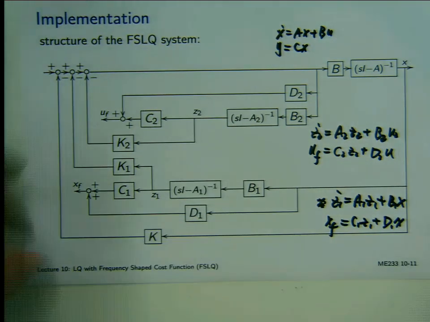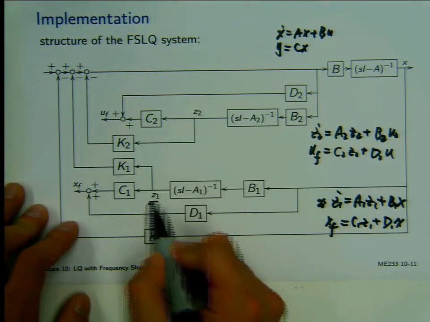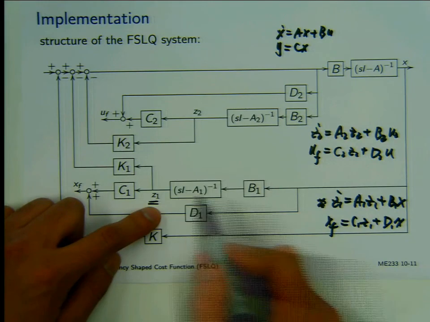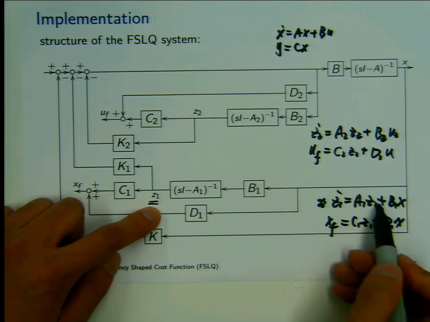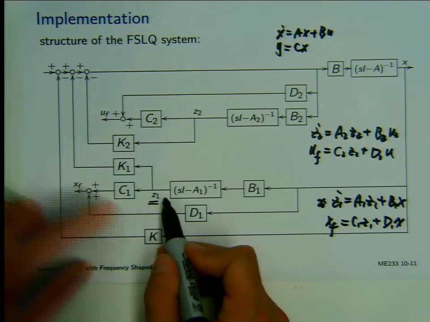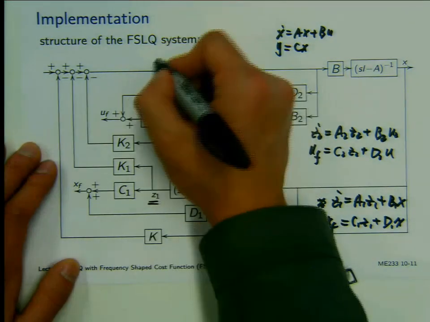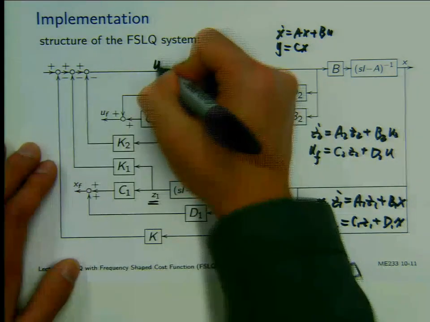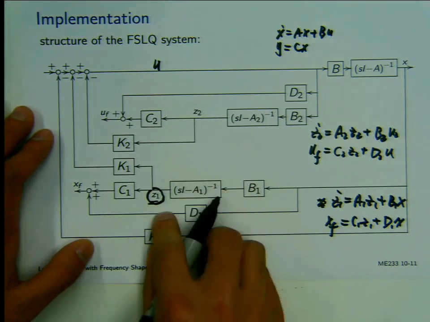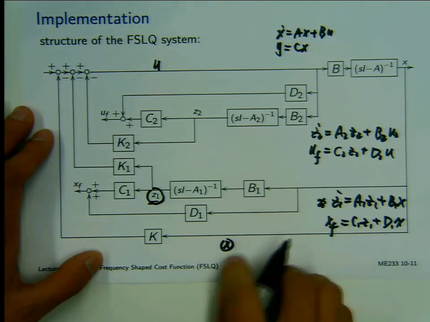Okay, so the implementation looks like this. This is the part for z1. X goes through b1 and then goes through si minus a1 inverse. So do the Laplace transform of this guy, then you can get z1 equals this guy times x. So this is where the state feedback concept shows up. The actual control u, the optimal control u, is going to be a combination of the state z1 plus the original state x, something related to x.